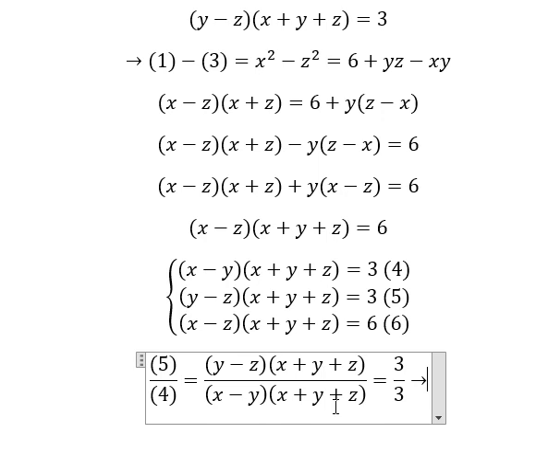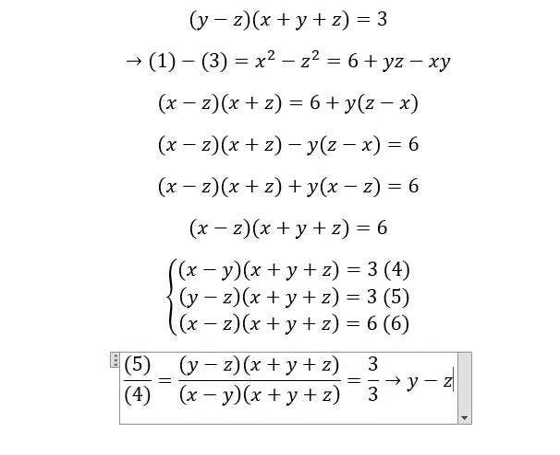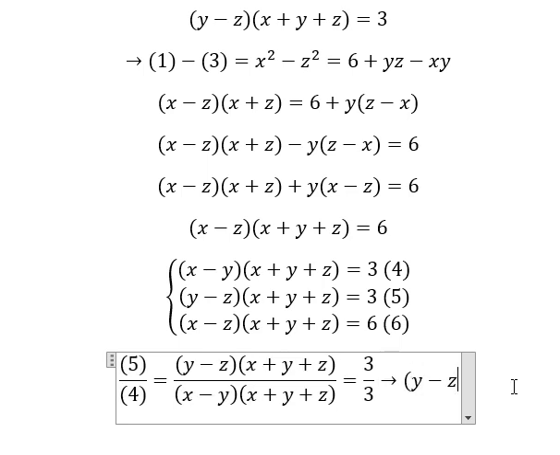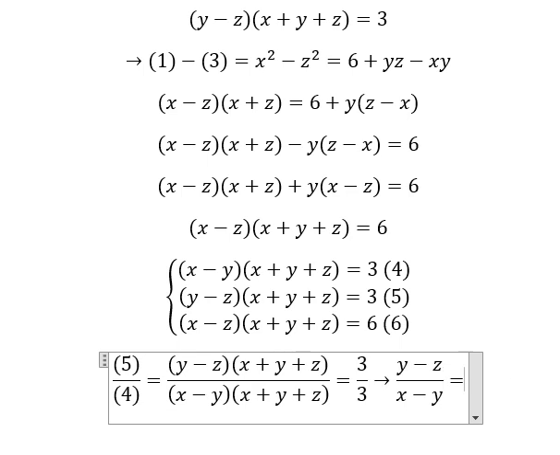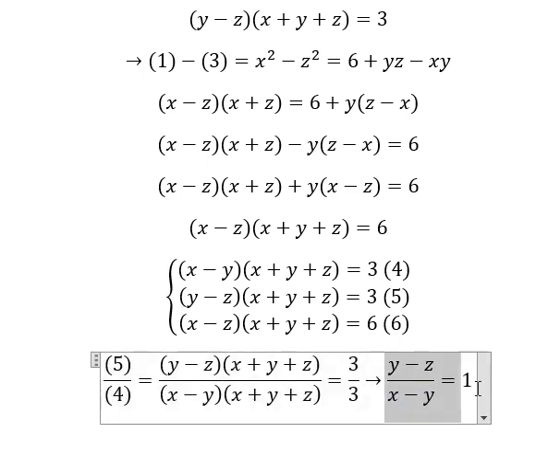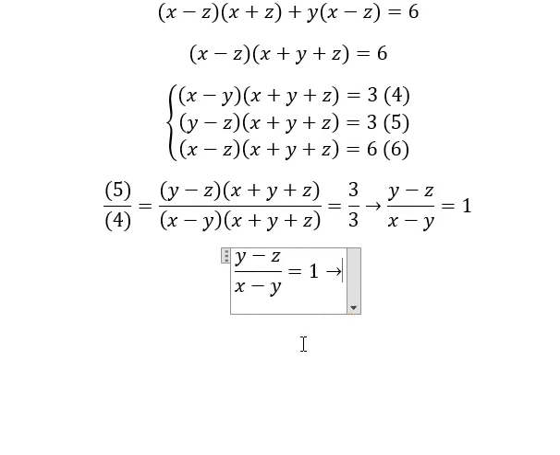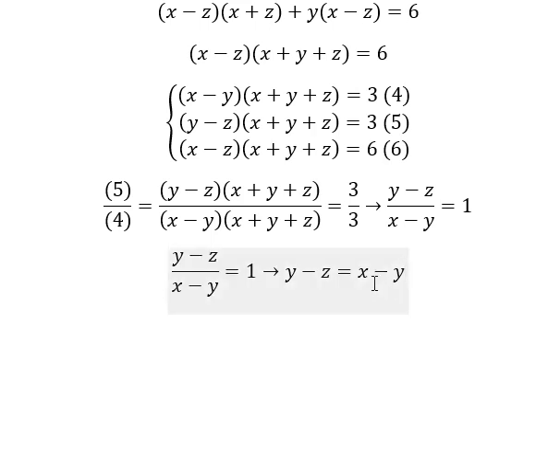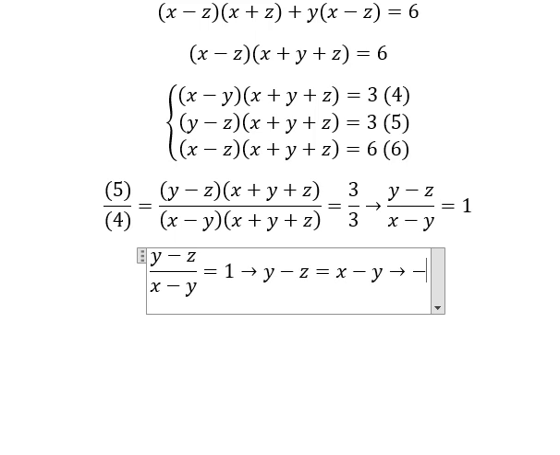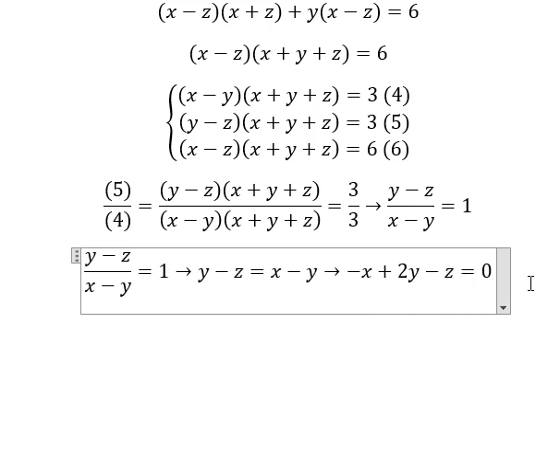So this one cancels this one. We have y minus z over s minus y equals number 1. So we put this one in here. So we put everything to the left. So that should be negative s plus 2y minus z equals number 0.